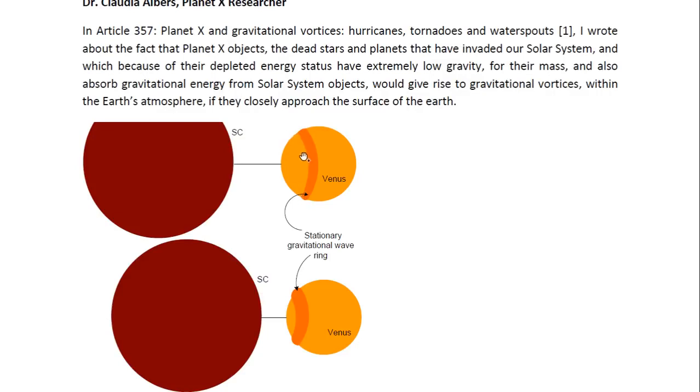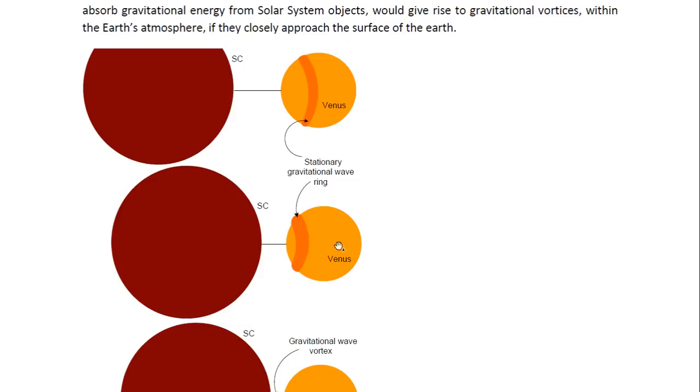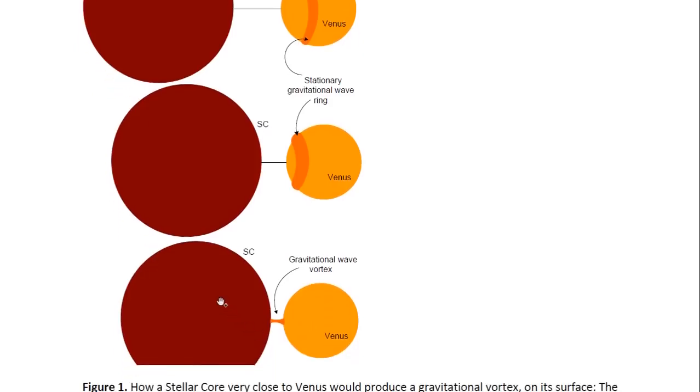And here we have the central minimum, which we always seem to have with the gravitational wave. Then as the object approaches the planet, the height of the wave increases until, when the object comes very close to the planet, what develops is a vortex, a gravitational vortex.